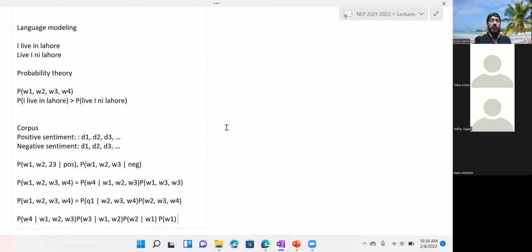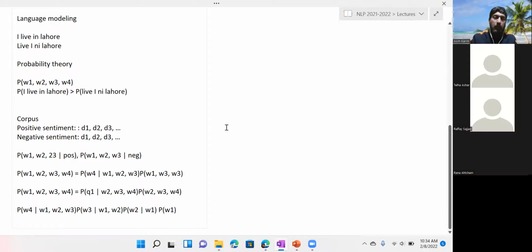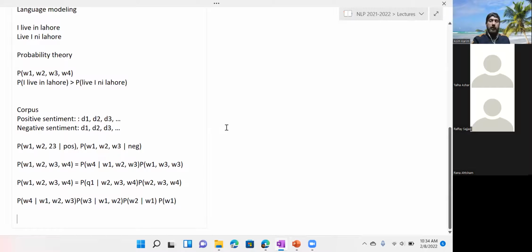So I can break it down into these many terms, right? Again, the simple product rule applied recursively to the probability. So is this clear? So this is essentially it.